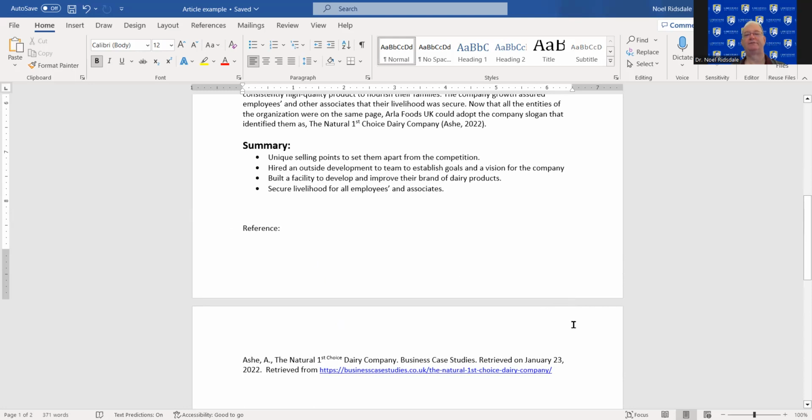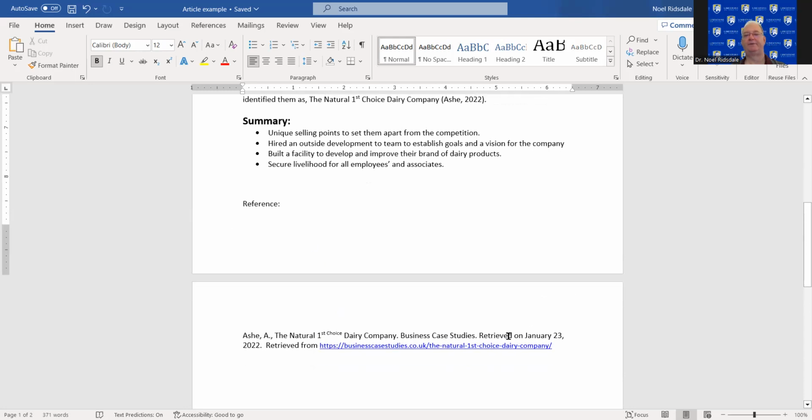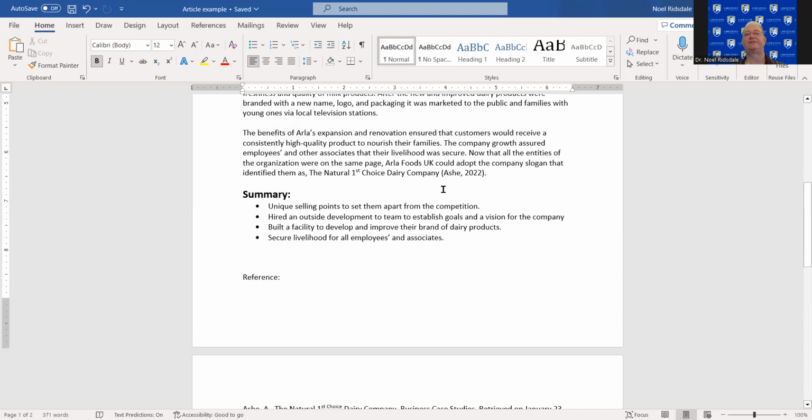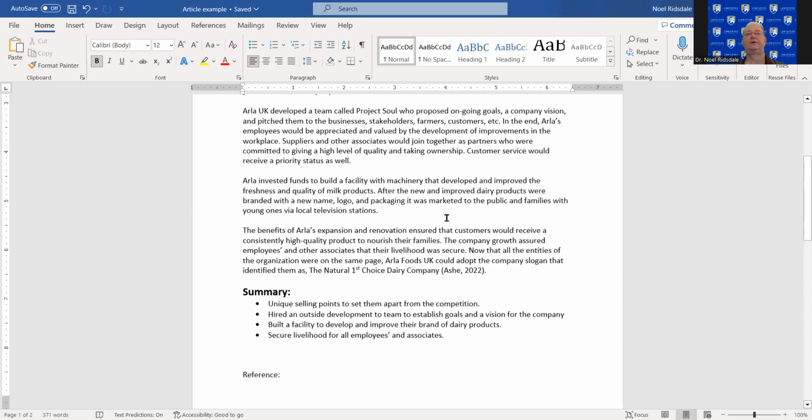As we go down here, also a couple of quick notes. As you're doing these references, make sure that you're using this retrieved on date. And make sure you're using this in the in-text citation area. Like right here, this is an APA formatted in-text citation, because it's referring directly to something from the article.